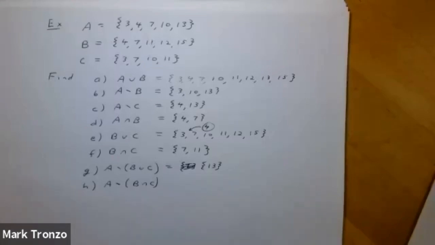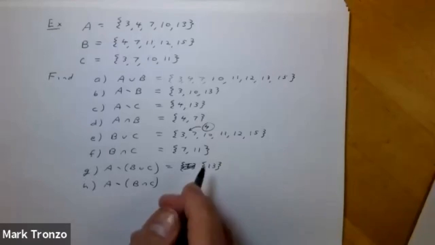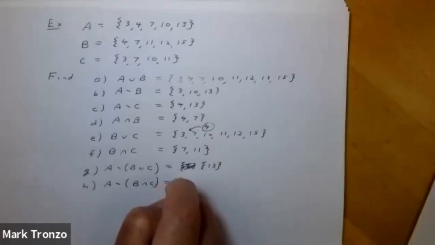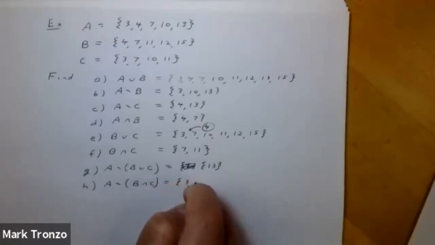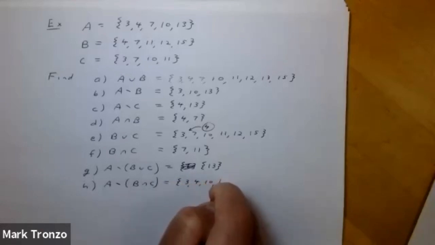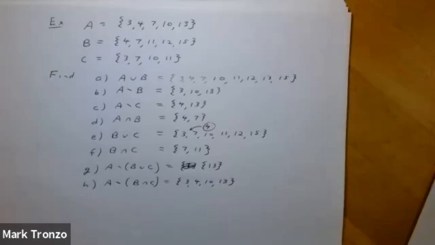Then finally, what did you get for H? 3, 4, 10, 13. Good. So that's pretty clear.